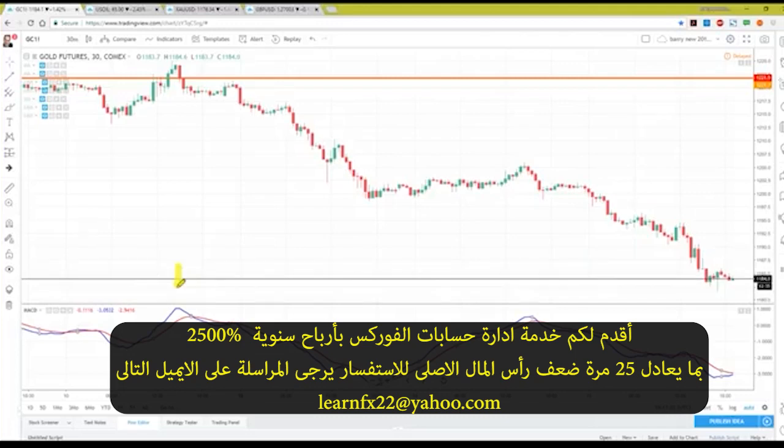So the blue line is our MACD line. The red line is called our trigger line or our signal line. And it is derived by taking a 9-period EMA of the MACD line.